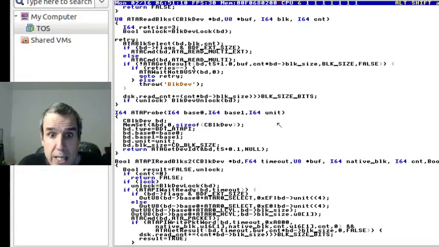There's memory space, and then there's I/O space. And a hard drive or CD-ROM, the old style, you accessed with two sets of I/O ports.